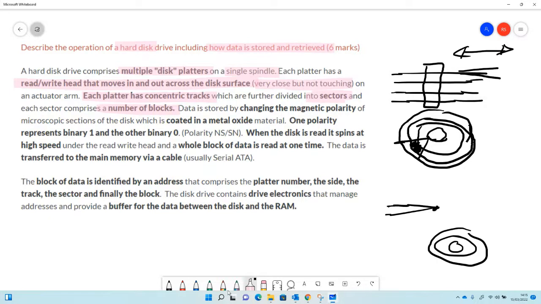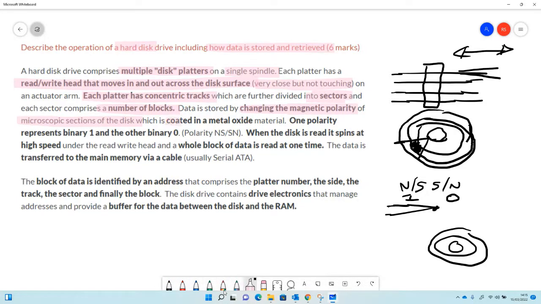Data is stored by changing the magnetic polarity of microscopic sections of the disk. The polarity in a tiny section could be north-south or south-north, and we can change those using the read-write head. And of course, that could be representative of 1 and 0 binary numbers.